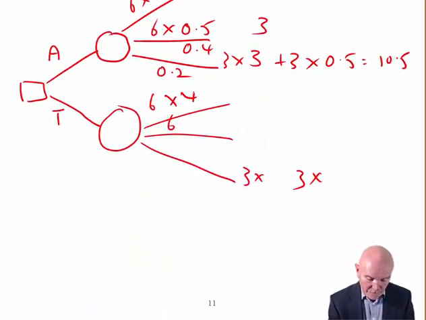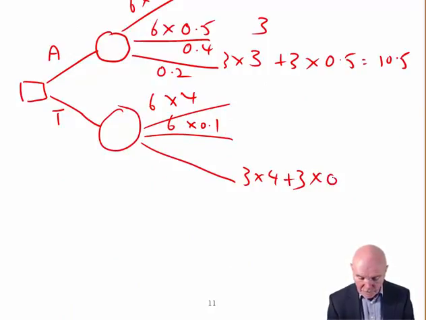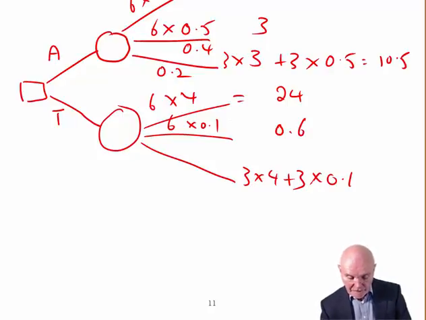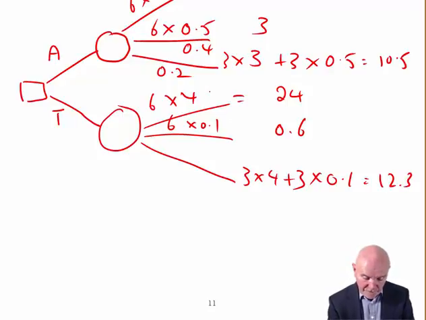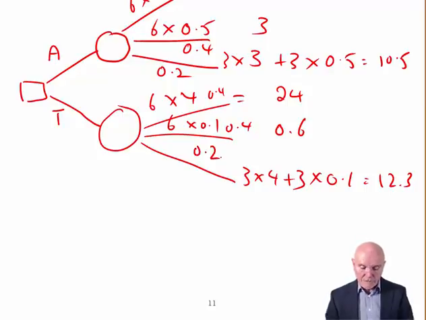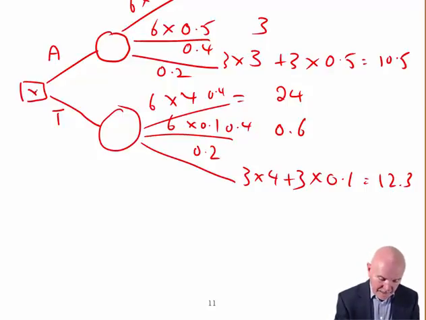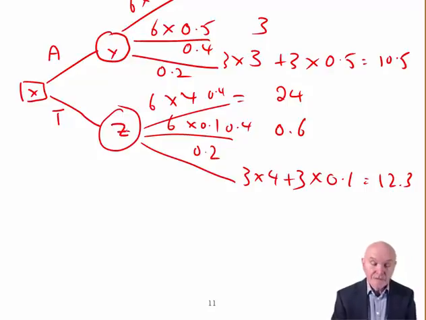So 3 fours are 12, it's going to be 12.3. Again with probabilities 0.4, 0.4, 0.2. Okay. So I call this X, Y, Z just to label them.